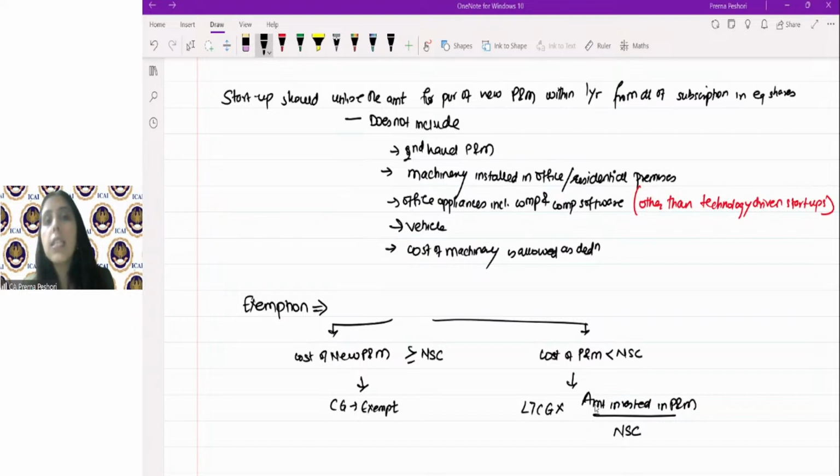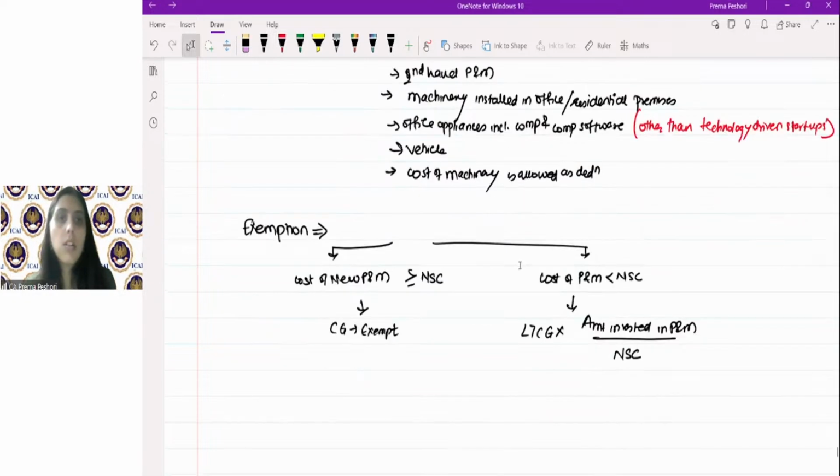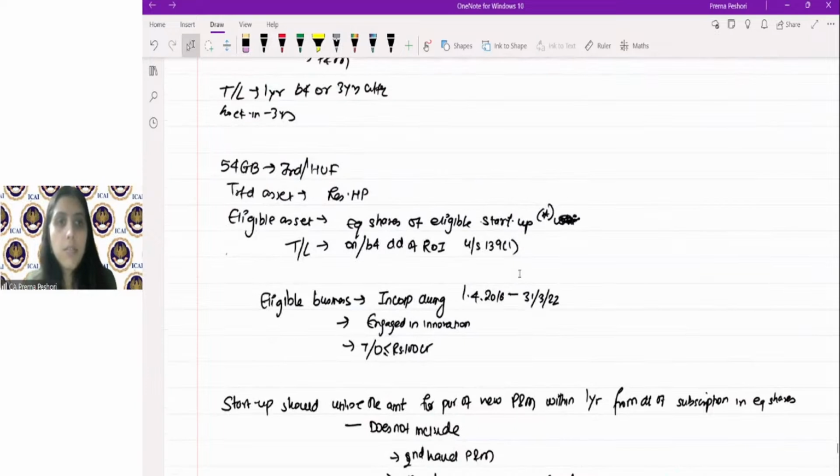So this exemption would not be available in respect of transfer of residential property made after 31st March 2022. You can write it over here: up to 31st March 2020.